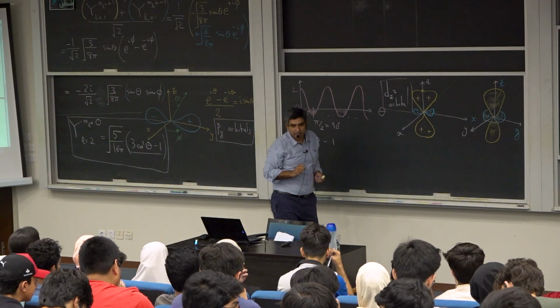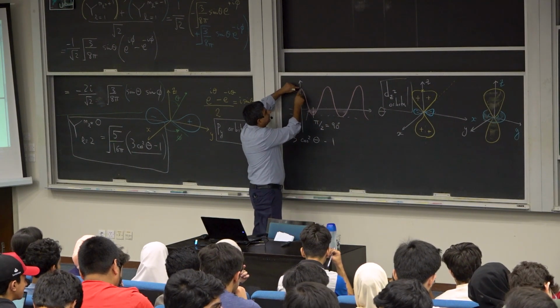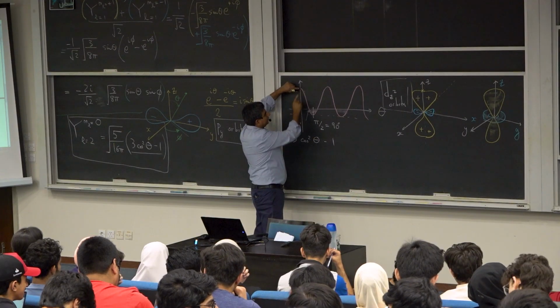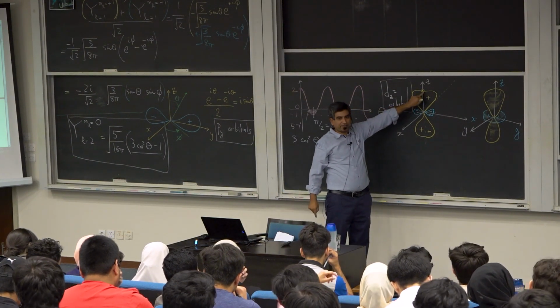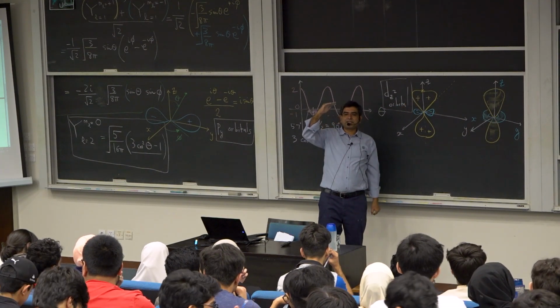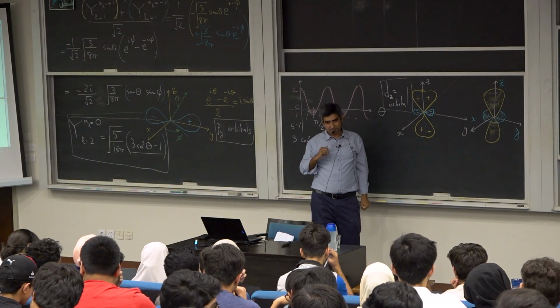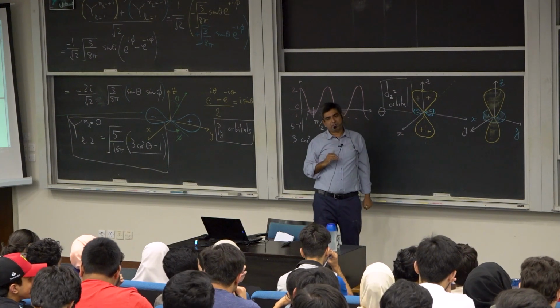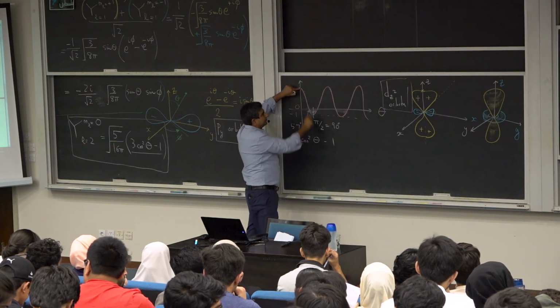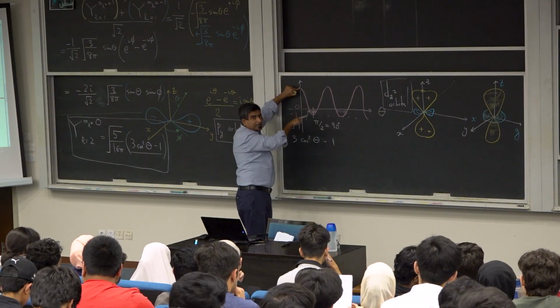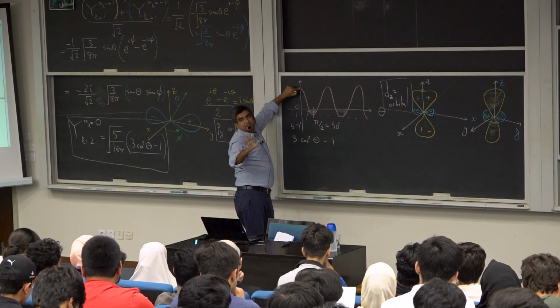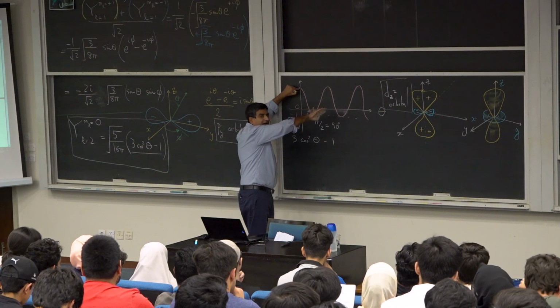Where do I put a point? That is defined by the value of this function at theta equals 0, which is here. So I put a point here. That shows the extremity of my orbital, the upper limit of my orbital, because the maximum value of this function is here.